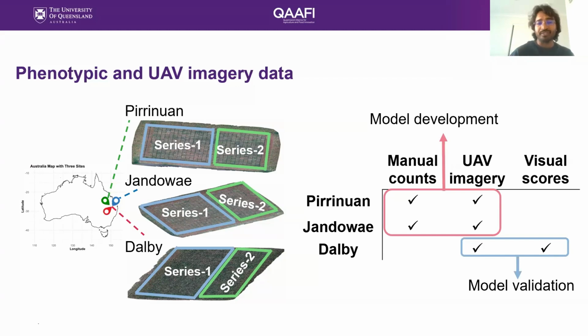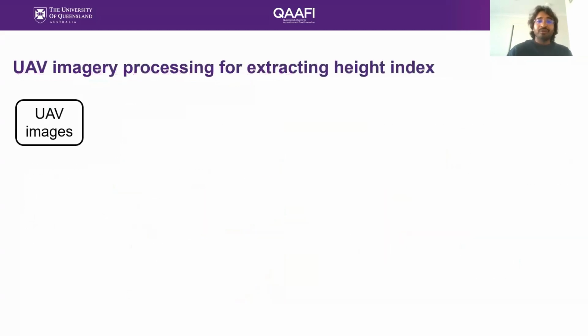To develop the approach using UAV imagery, a drone with a multispectral camera was flown over the trial following a planned flight path. During each flight, the drone captured thousands of overlapping images from different angles.